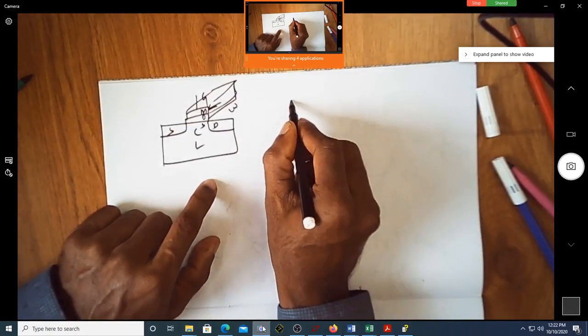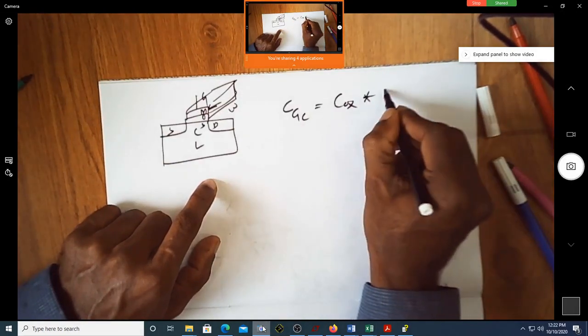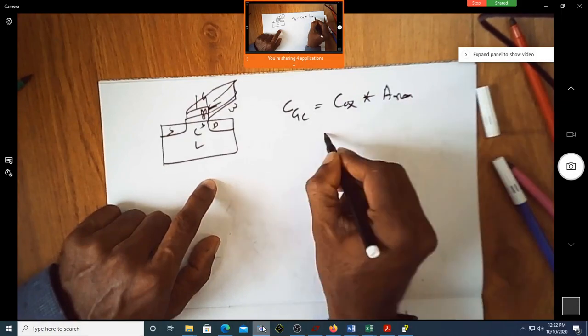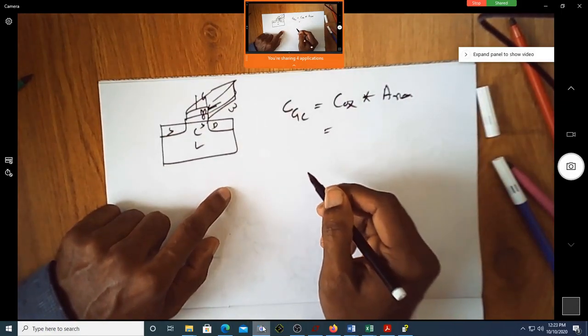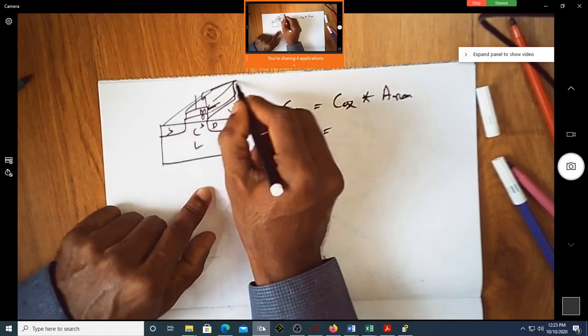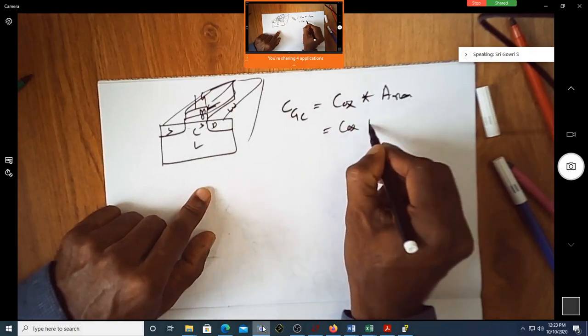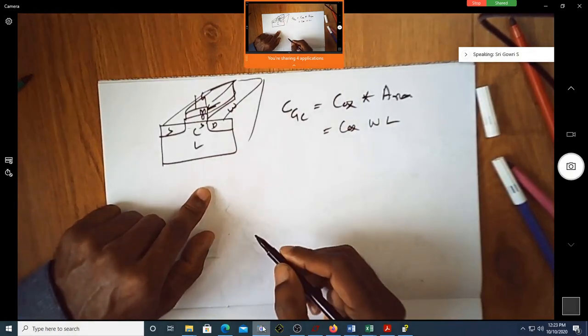So what is CGC now? Is it not Cox into area? What is the area of this entire region? W into L. It is width into length. Cox W into L. Correct?